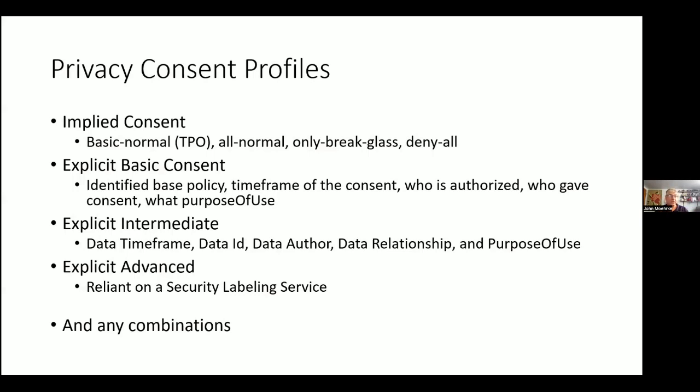So then the first of the three groups, explicit basic consent. This is really just a core consent. It has a time frame maybe. So this consent is only good for two years. It has maybe a listing of who is authorized to see the data, or specifically who is not. It indicates who gave the consent, because consent typically is thought of as being given by the patient, but in many cases, there is a reason for some kind of a delegate who gives the consent, because the patient might not be of age, might be too old, those kinds of things.